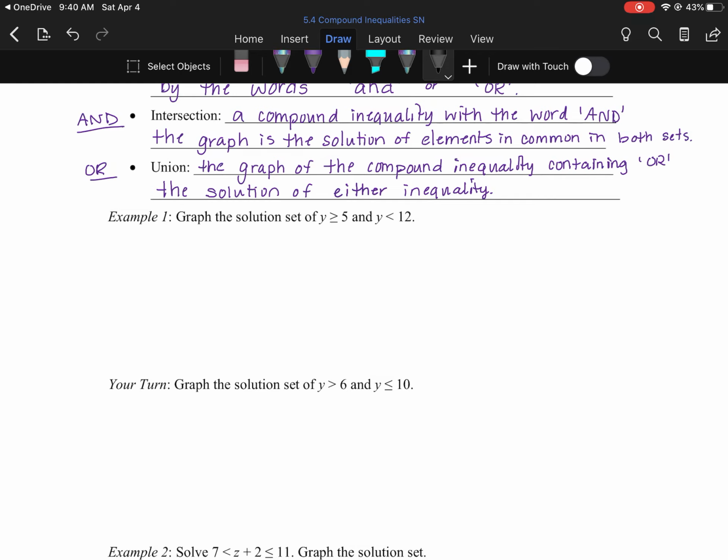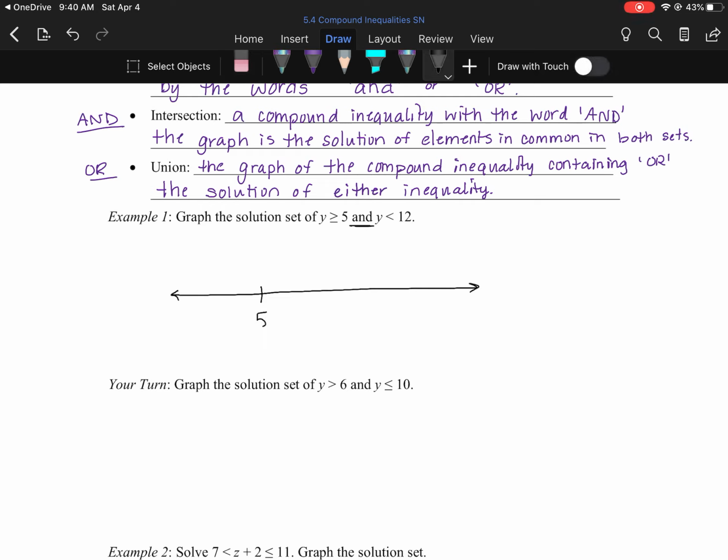All right, so let's take a look at the first example. It is just asking us to graph the solution set of y is greater than or equal to 5 and y is less than 12. All right, so I'm going to put a nice big number line here. Again, we don't need a ton of numbers on here. We know we need to have 5 and 12 at least, but we're going to add some other numbers. So your number line must be oriented correctly. Think way back to elementary school. Smaller numbers on the left.